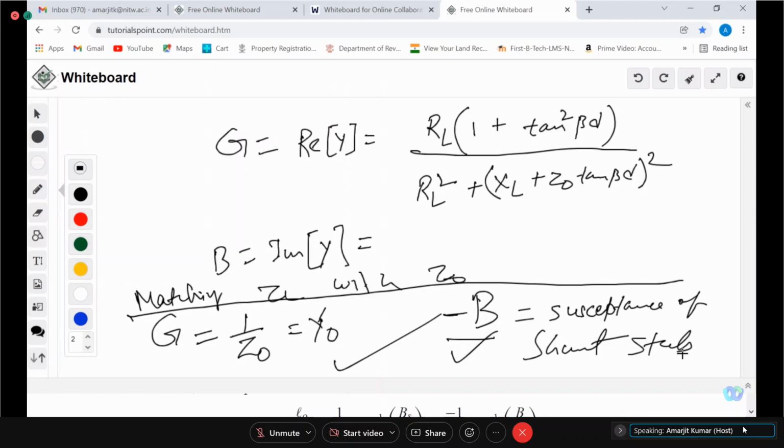If you apply these two conditions, you can find the position of the stub from the load and the length of the shunt stub. Using these two conditions, you can find these two parameters.